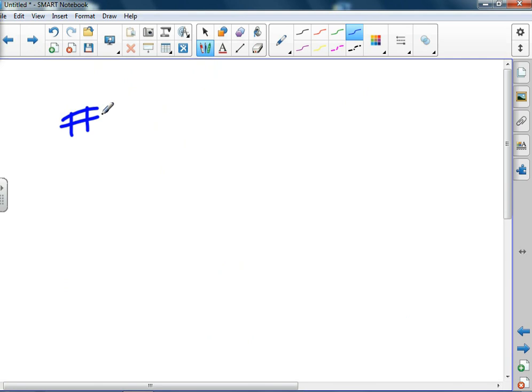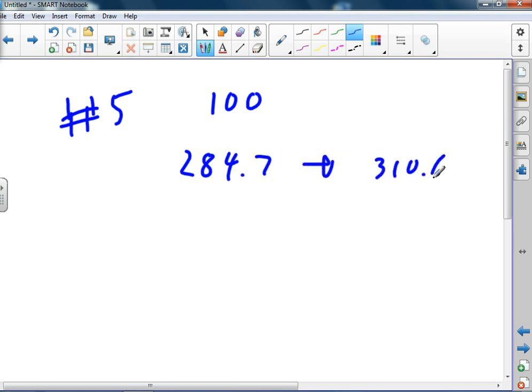We'll start with number 5. The driving distance of the top 100 golfers on the GPA tour is between 284.7 and 310.6 yards.